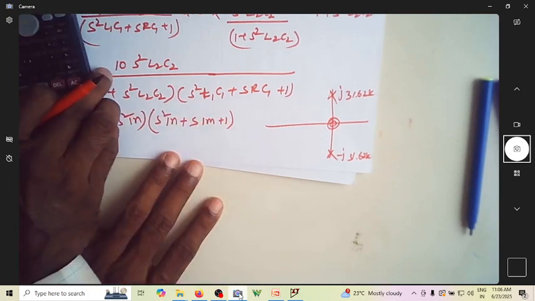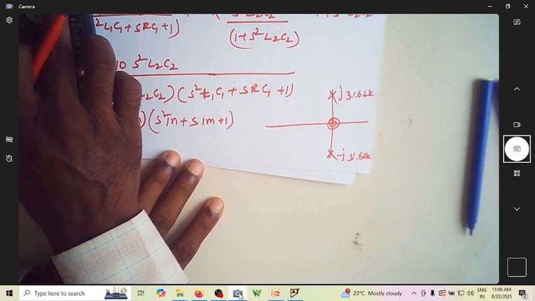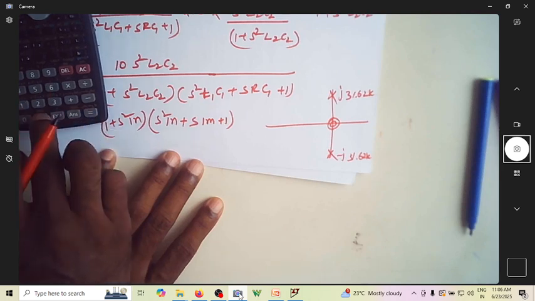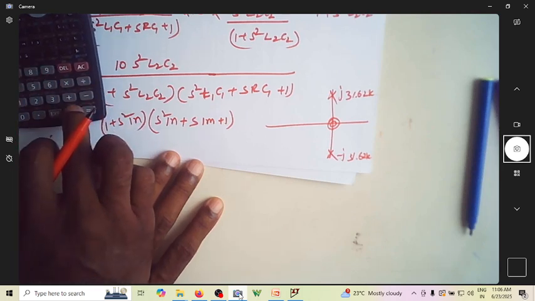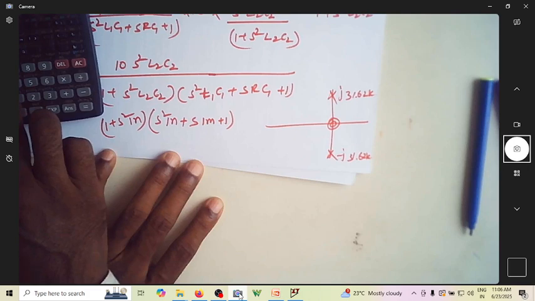And how about these poles? So here let me just find the poles. The coefficients are 1 exponential minus 9, next 1 exponential minus 3, next 1.